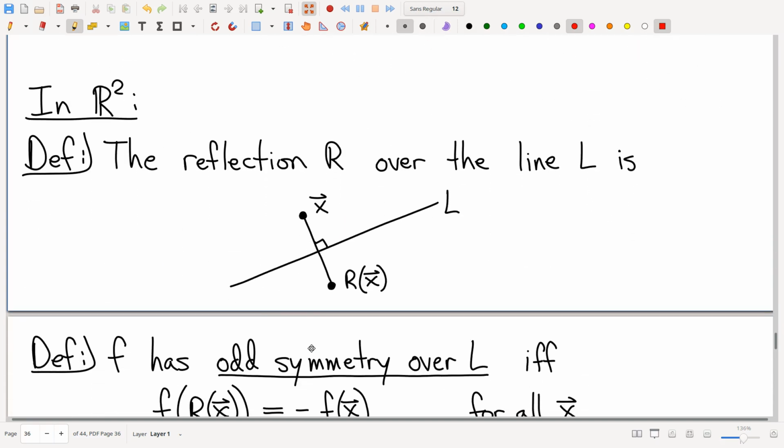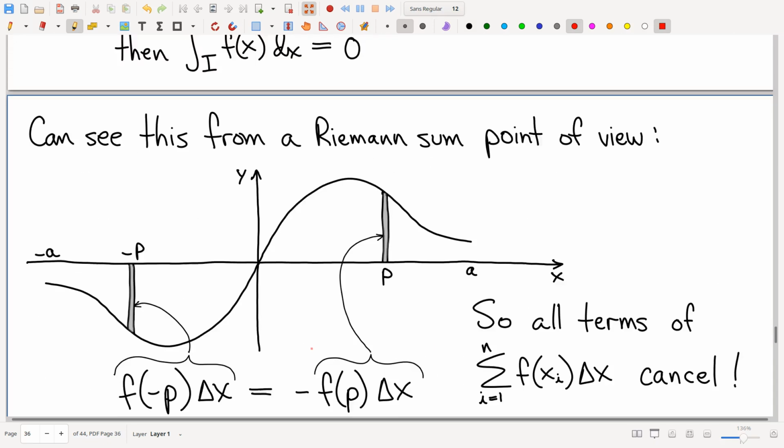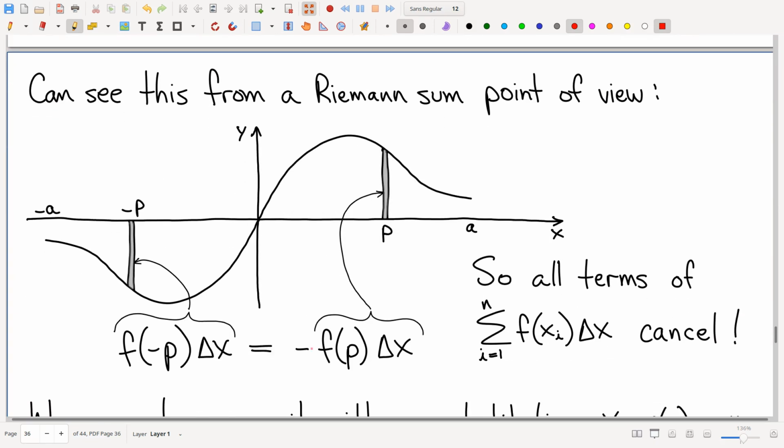Okay. So we're going to now move on to doing a two-dimensional version of this. I'm just going to try to talk through what would be the two-dimensional equivalent of everything that we just did in one dimension. We're going to start with the idea of reflection. Back here, we were reflecting over the origin. Get some value p, the reflection is negative p, just reflecting over the origin.